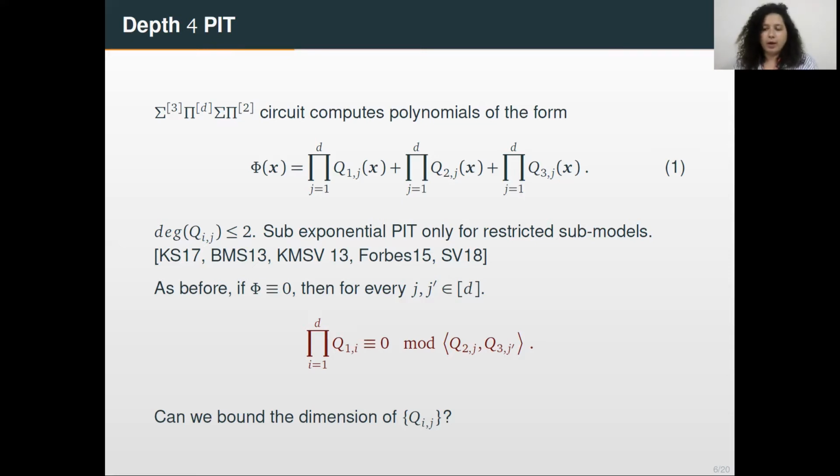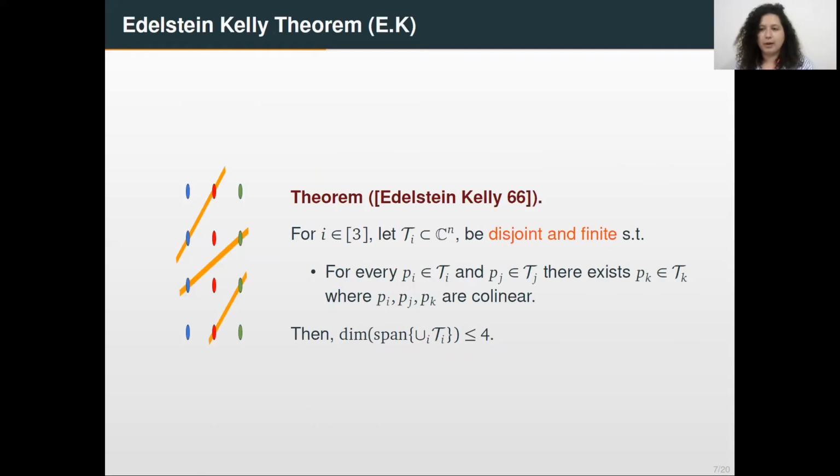So we hope that in order to do so, we should understand how it was done where the degree was at most 1. So let me introduce the Edelstein-Kelly theorem. It is a theorem in discrete geometry that states the following.